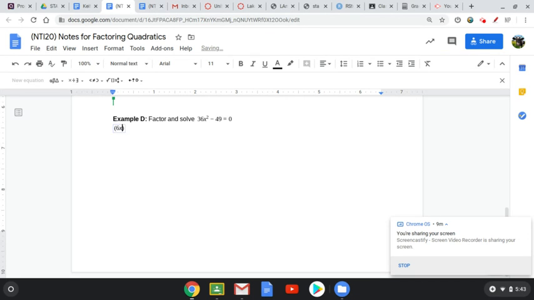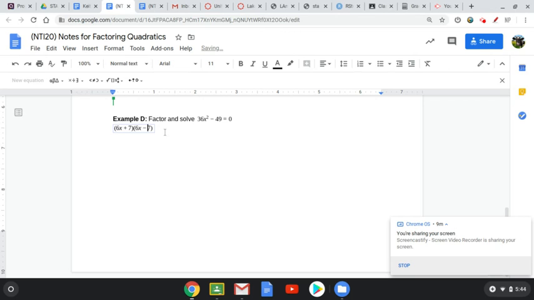Well, 6. And that's going to go with the x, because 36 is with the x squared. So each parenthesis is going to get a 6x. Then you come back and you say, okay, what times itself gives me 49? Well, that's a 7. So each parenthesis is going to get a 7. And then your signs in the middle, one is going to be positive and one is going to be negative.